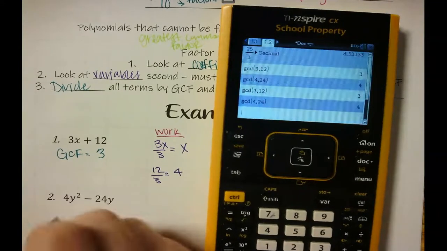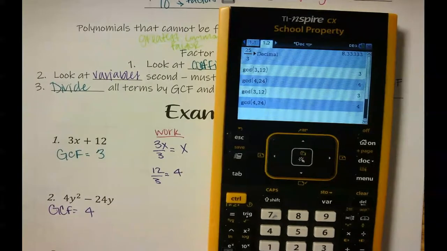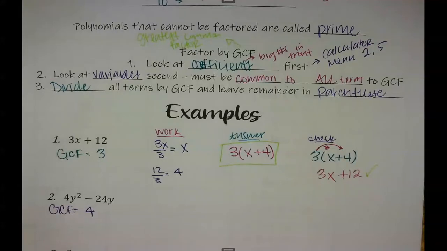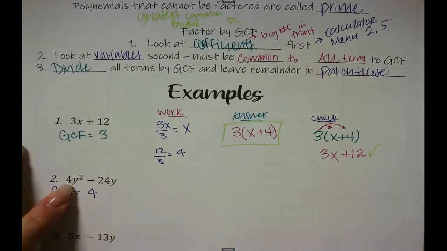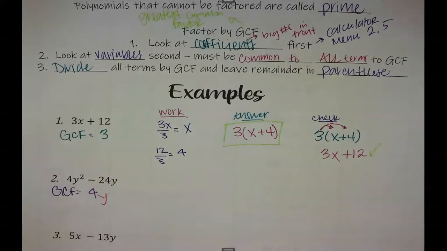So my greatest common factor is 4. Second, let's look at those variables. And they have to be common in all terms. I've got a y squared here and a y here. So since I have a y in both of my terms, y is a part of my greatest common factor.